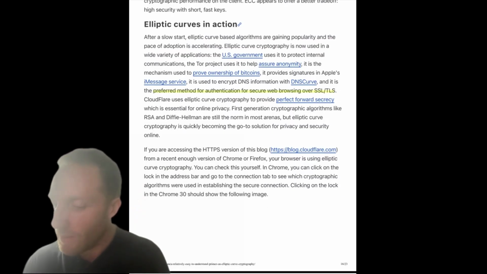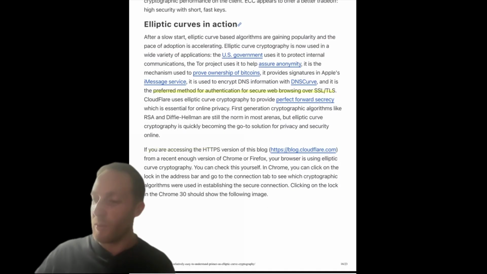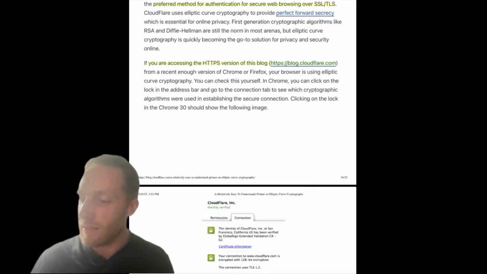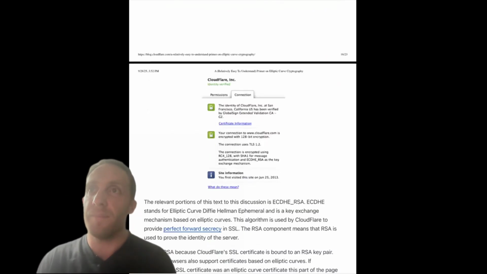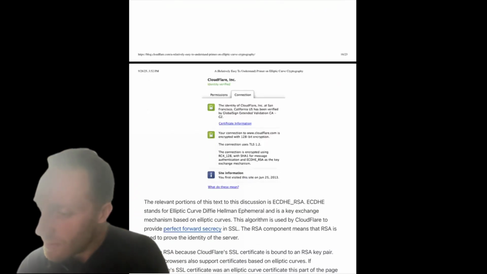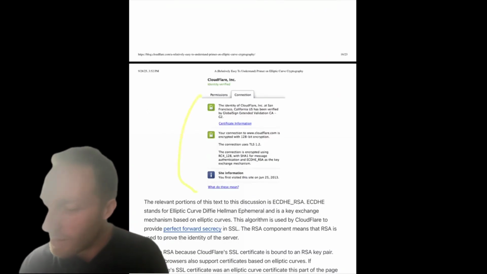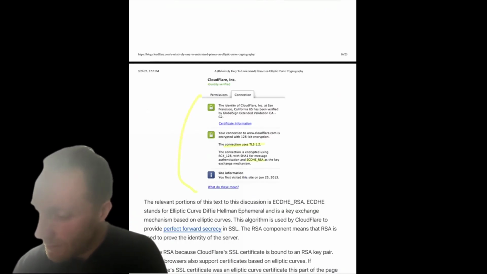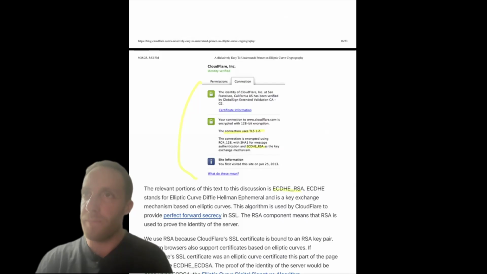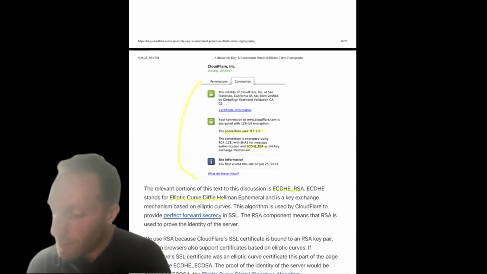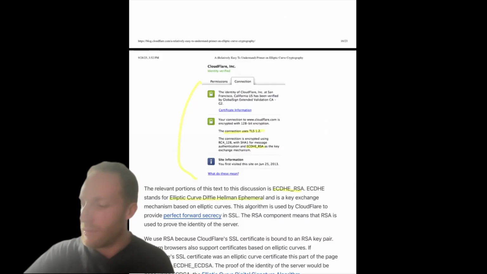So he gives an example here. If you're accessing this very article on the internet using HTTPS, then you will land and you will see this. Right, so if you click in your browser, you're able to get this information, and the connection uses TLS 1.2, and you can see it's using ECDHE RSA as the key exchange mechanism. So ECDHE is the elliptic curve Diffie-Hellman ephemeral.